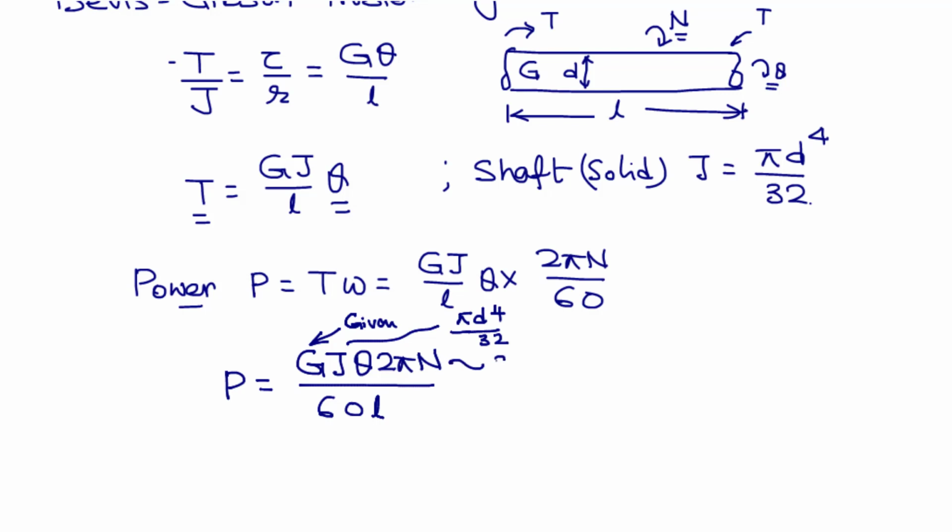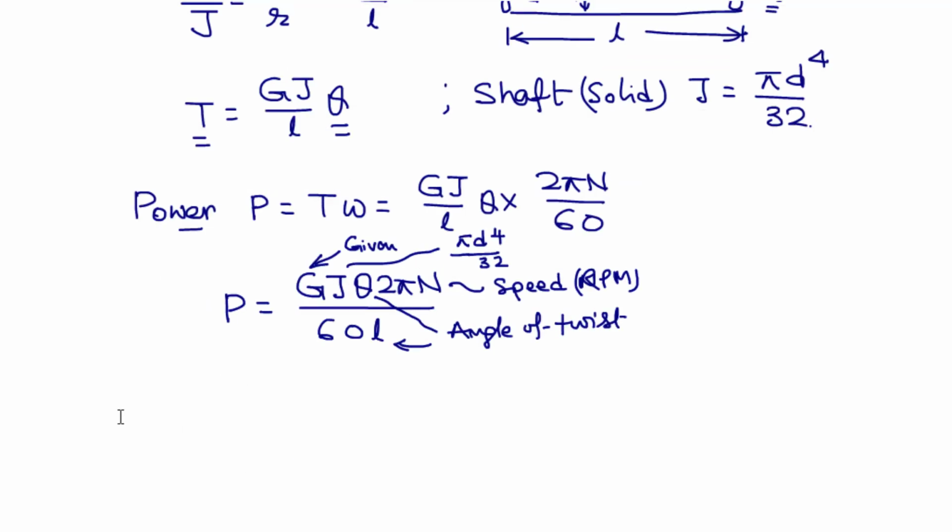N is the speed in RPM. Now theta is the angle of twist for length L.